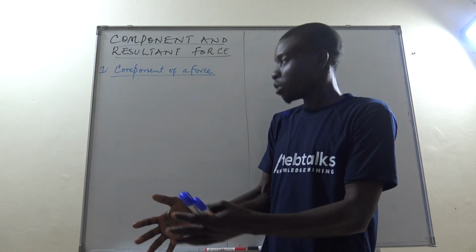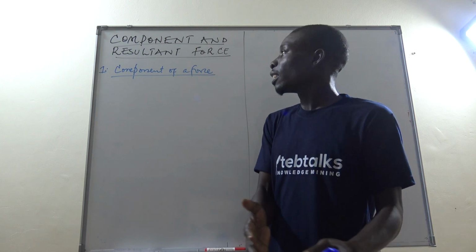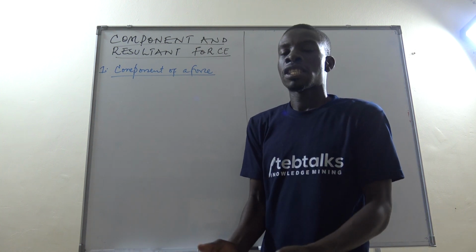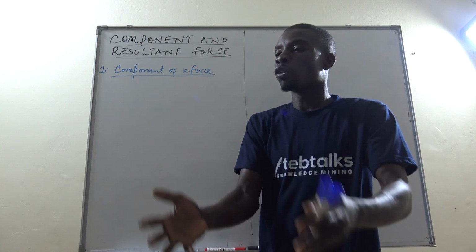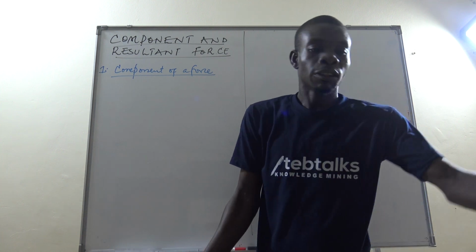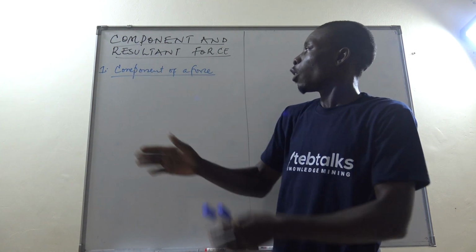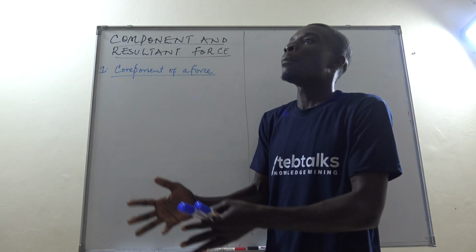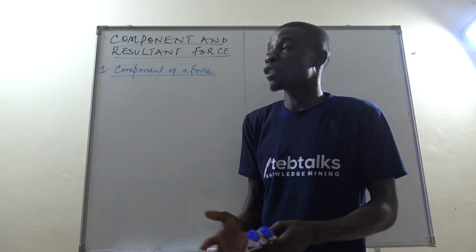Component, parts of. So if you say a component of a computer, that means it is the part. You bring this, it forms something. So it is part of something. So if you say component of a force, that means that is part of a given force. That means forces also have some parts.